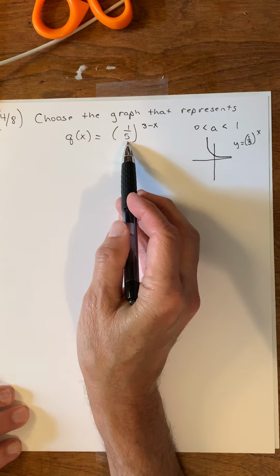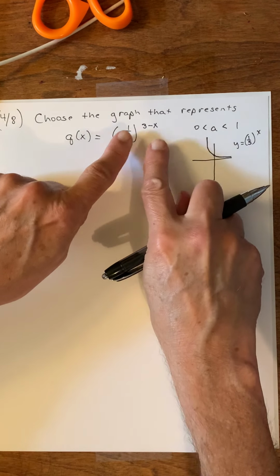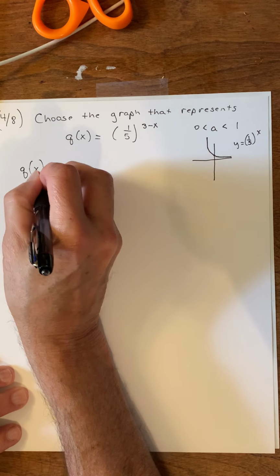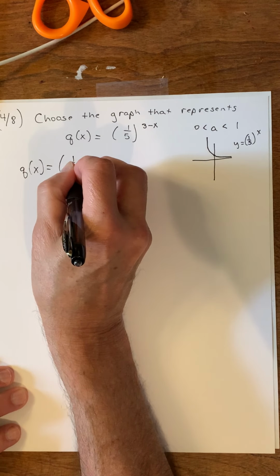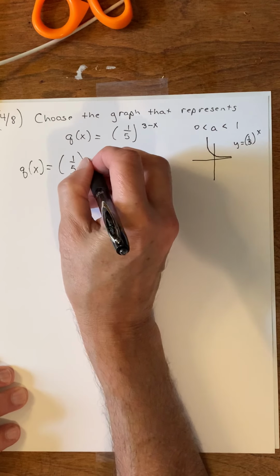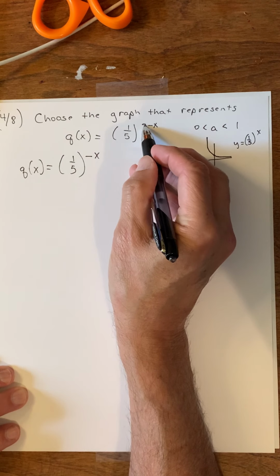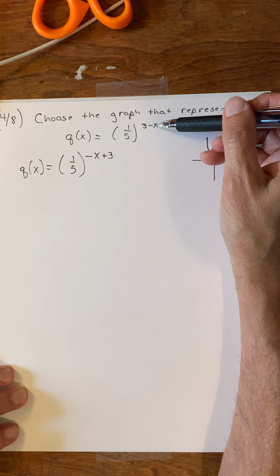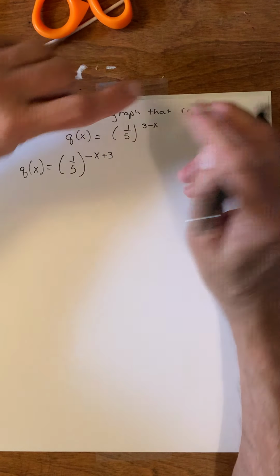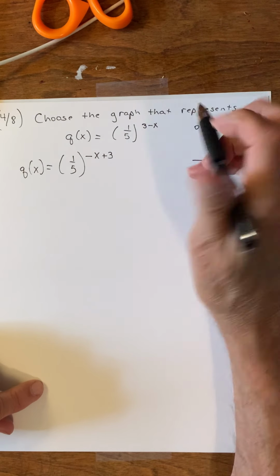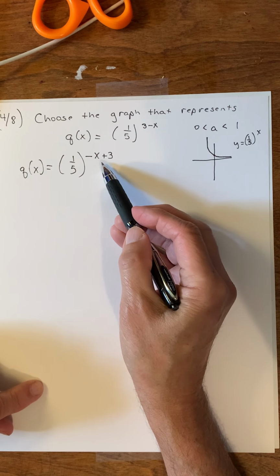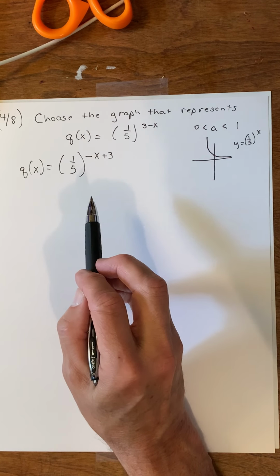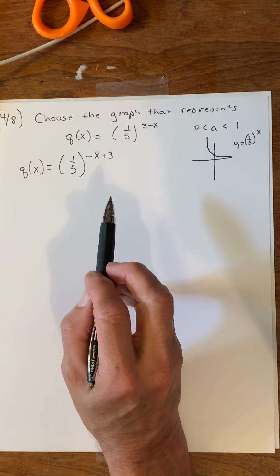Instead of q of x equals (1/5) to the 3 minus x, I'm going to just switch these guys. q of x is (1/5) to the negative x plus 3. Everybody see that 3 minus x, see the negative x right there? See the positive 3 right there? 3 minus x is the same as negative x plus 3. This gives me a better understanding of my transformations.